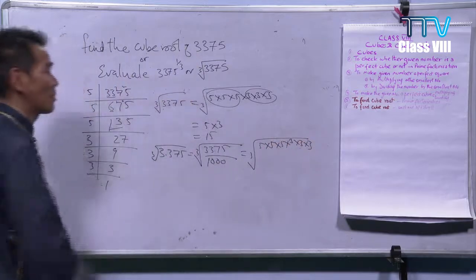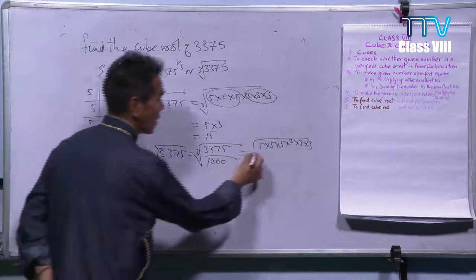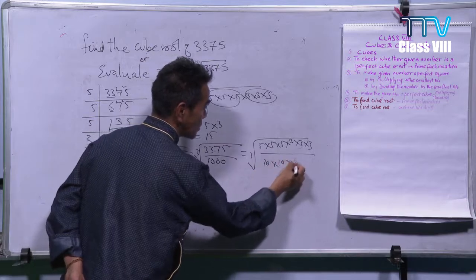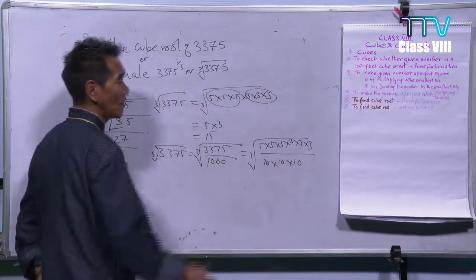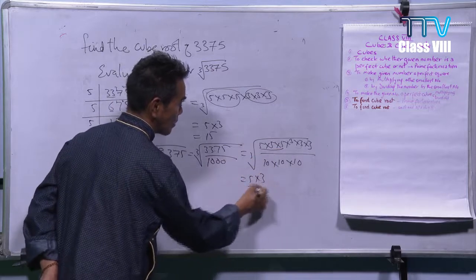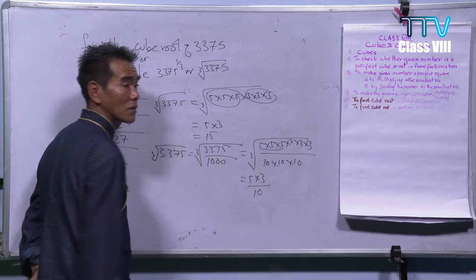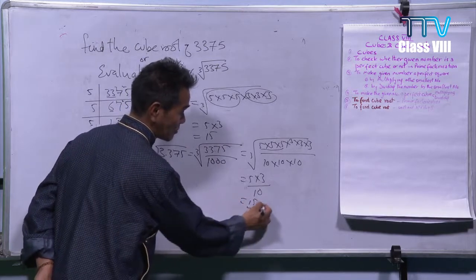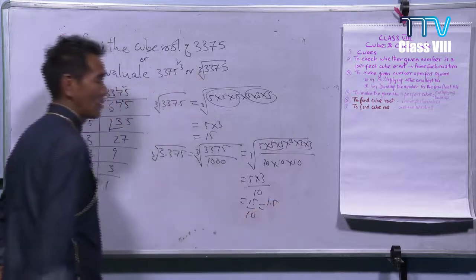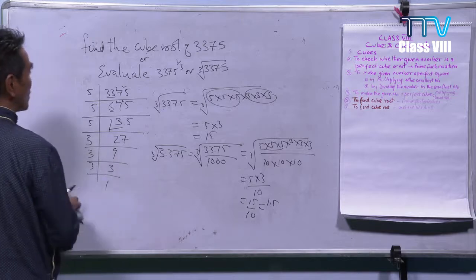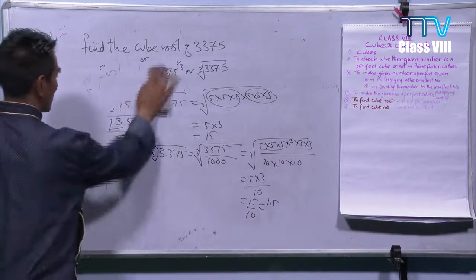The denominator 1000 means 10 multiplied by 10 multiplied by 10. So the cube root is 5 times 3 over 10, which is 15 upon 10, that is 1.5.